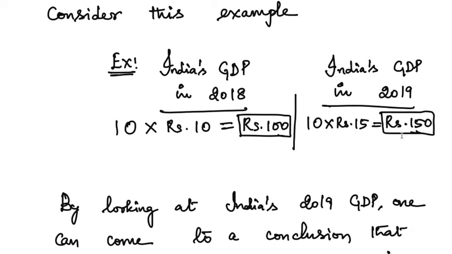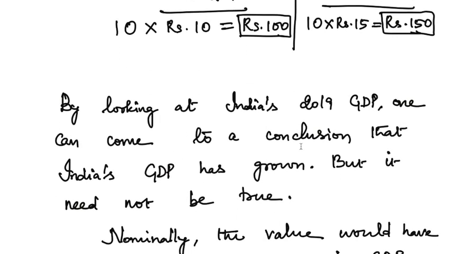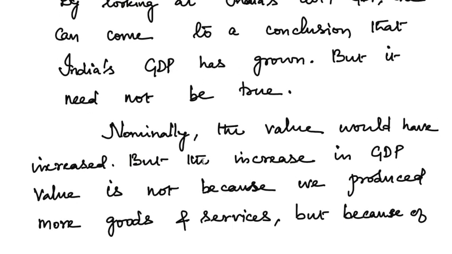Sometimes the increase in the country's GDP is due to an increase in price, or due to inflation in the economy. By looking at India's 2019 GDP, one can come to the conclusion that India's GDP has grown, but it need not be true.